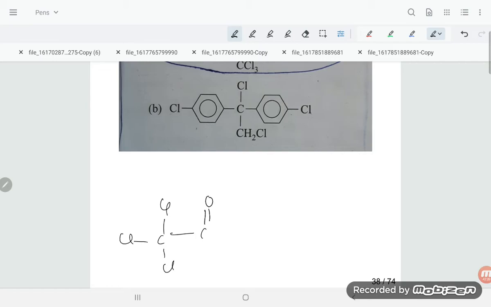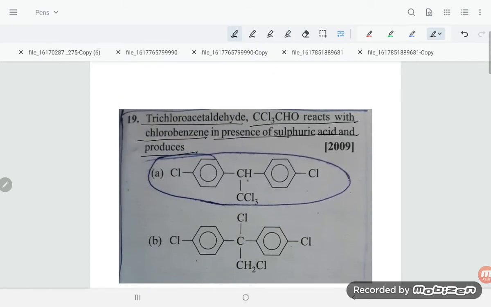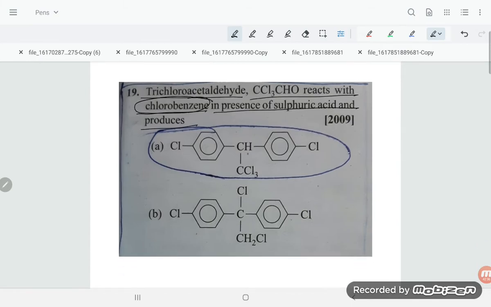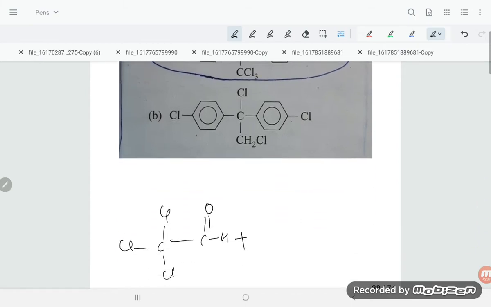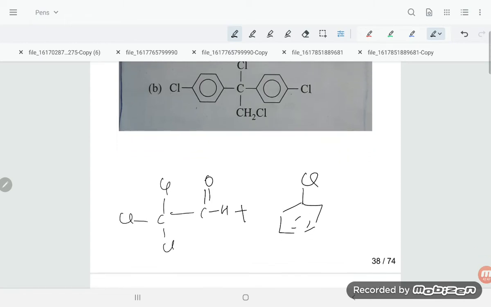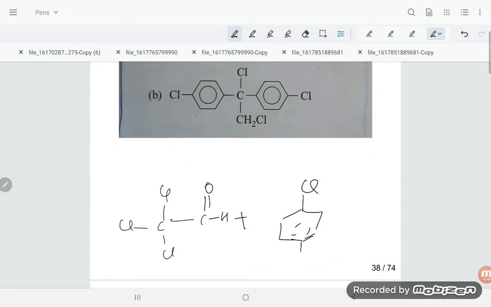This is the CHO, and it reacts with chlorobenzene. Okay, chlorobenzene. So this is the Cl, this is the chlorobenzene. So they are asking what product you are going to get. Here is the hydrogen.